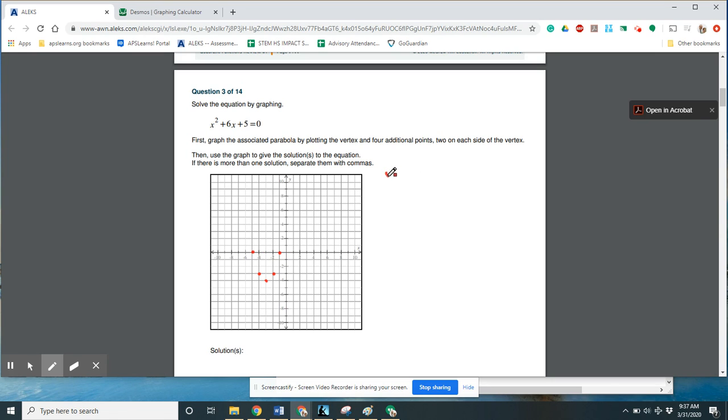So the solution is x is equal to -1 or -5. This says separate them with commas, so you'd write this as -1, comma, -5.